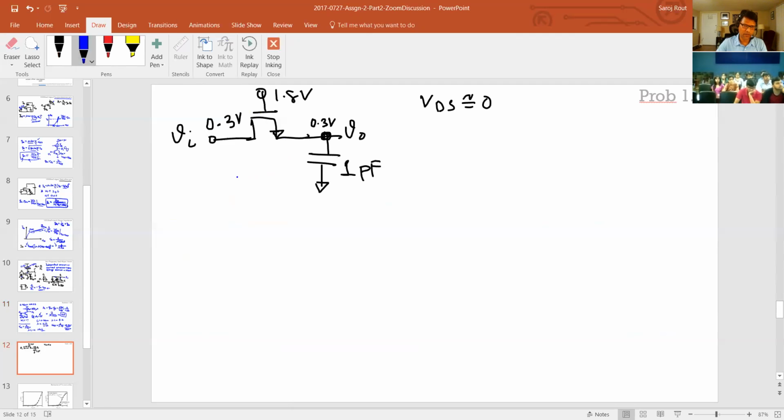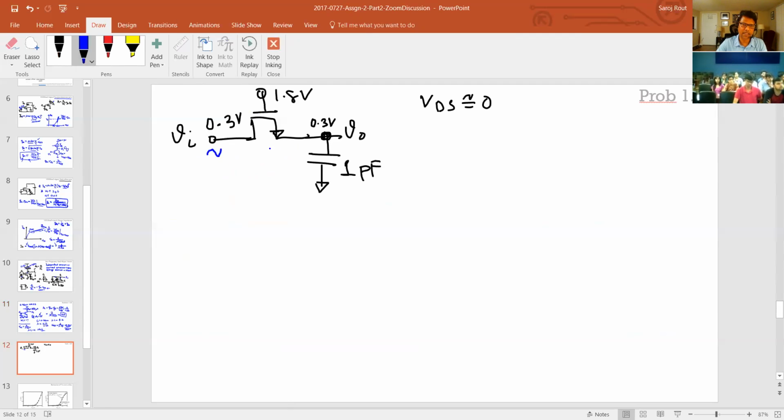Now, obviously, it wasn't clear. I think a few of you who tried to solve this used a nonlinear equation, but you don't have to, because when a question like this is asked, where you are supposed to find bandwidth, it's assumed that this signal is pretty small.